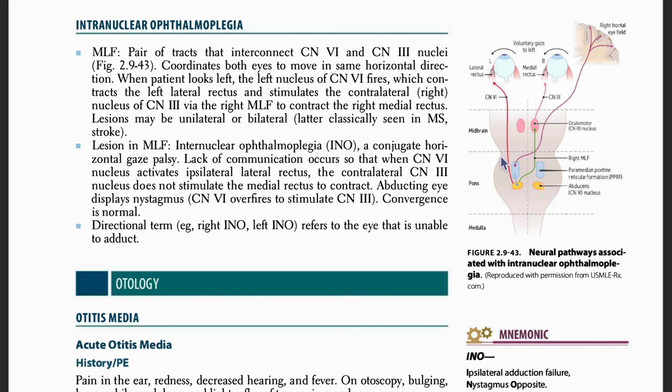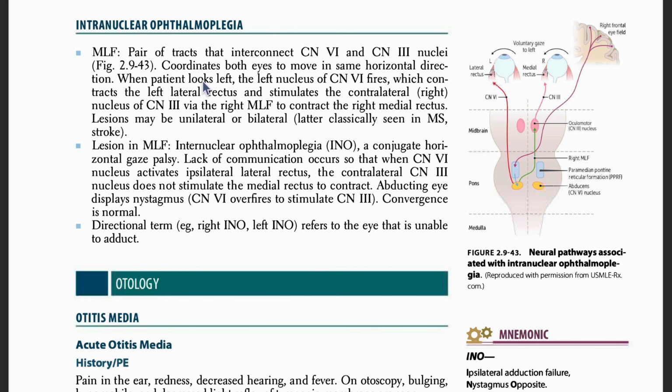Okay. Nuclei coordinate both eyes to move in the same horizontal direction. When the patient looks left, the left nucleus of cranial nerve 6, right? So LR6, that's the lateral rectus that's innervated by the 6th nerve.